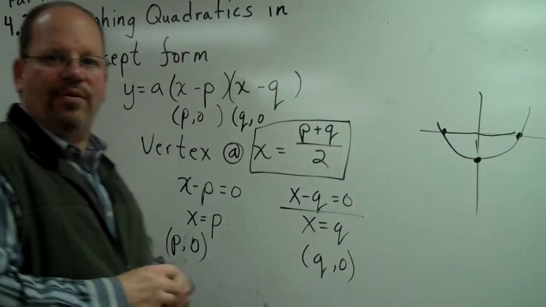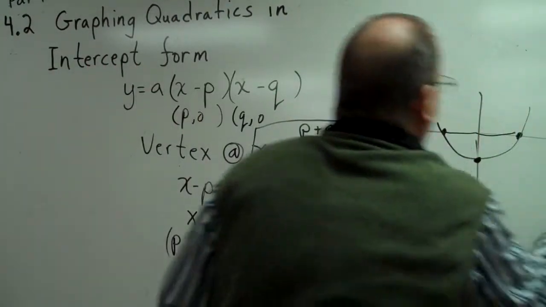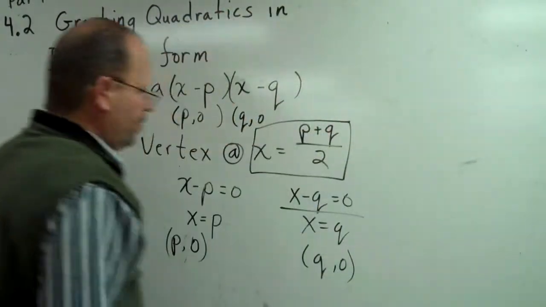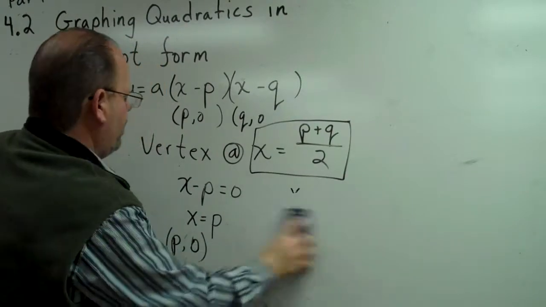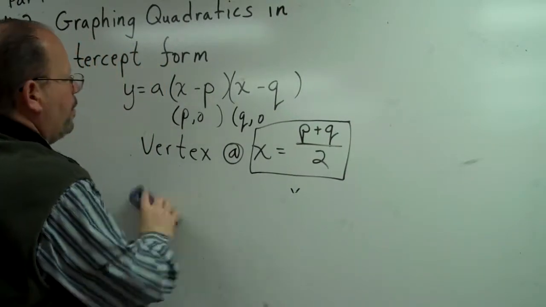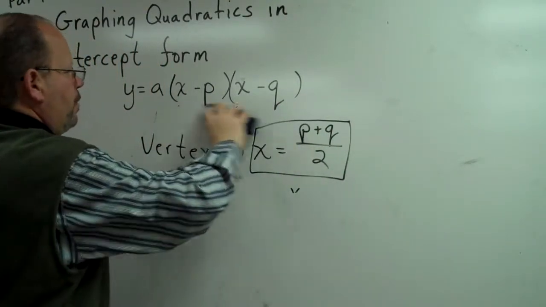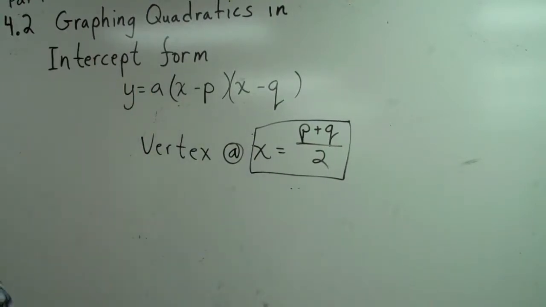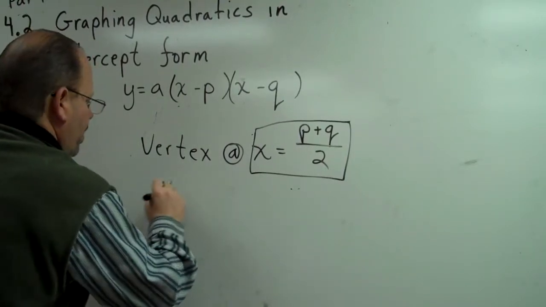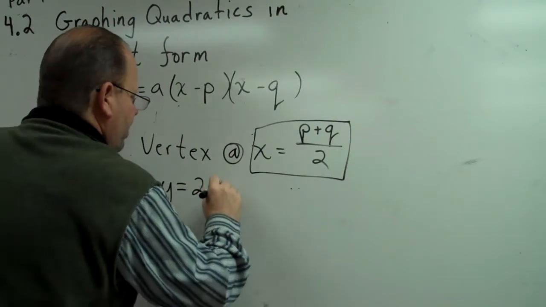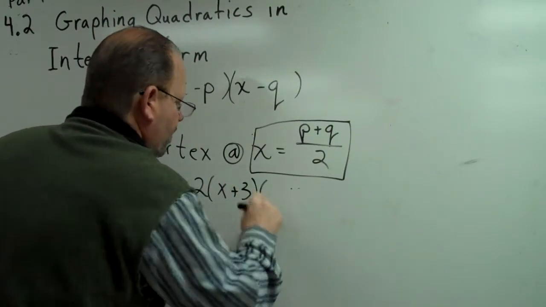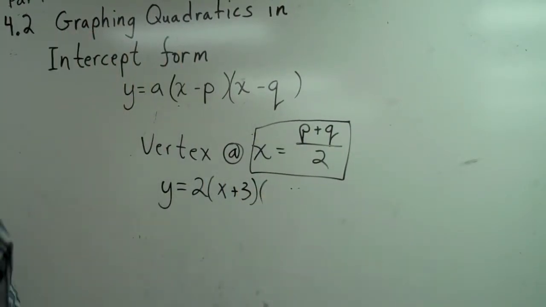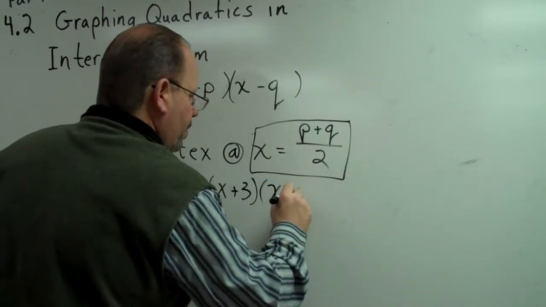Let's do an example. Always seems easier when we just put some numbers in. So, example number 3 on page 247. Y equals 2 times x plus 3 times x minus 1.